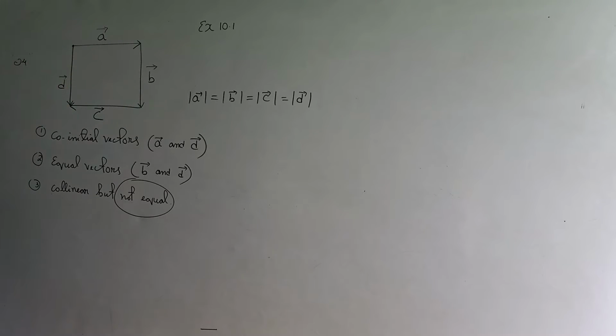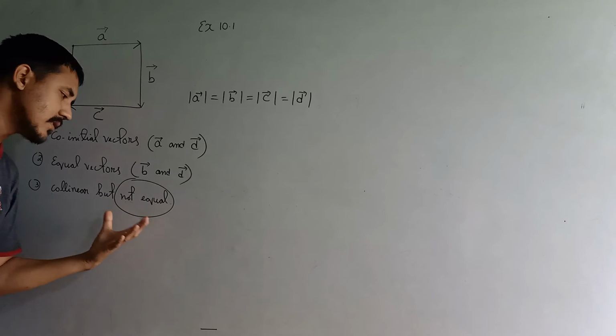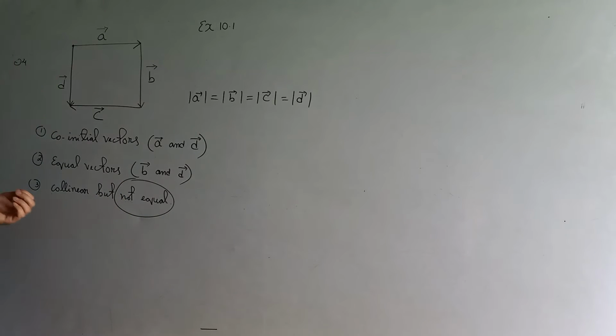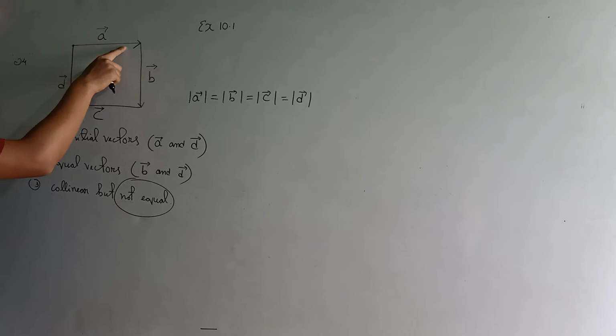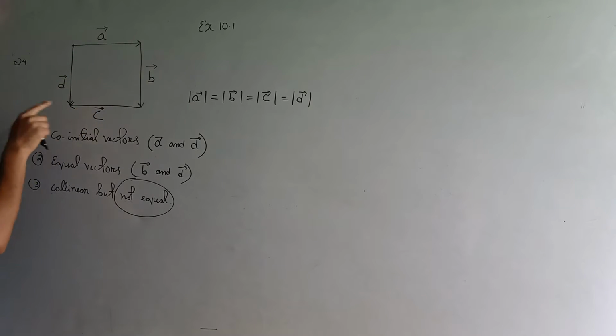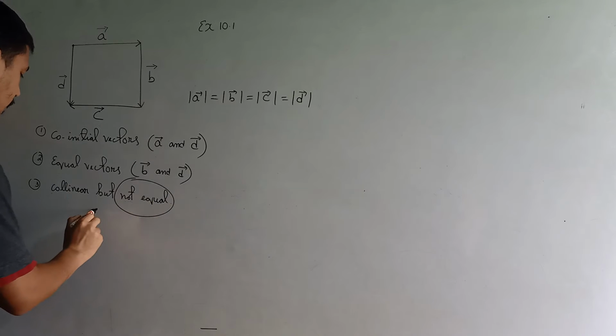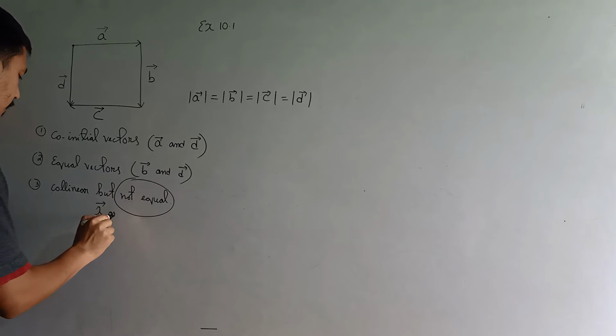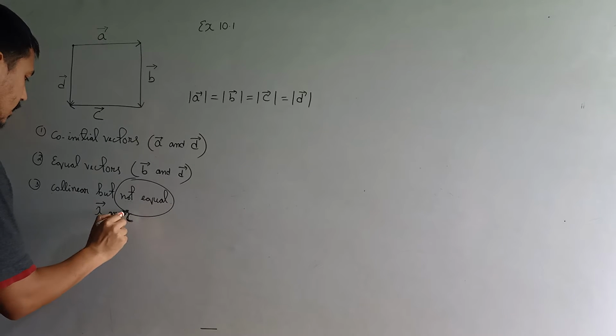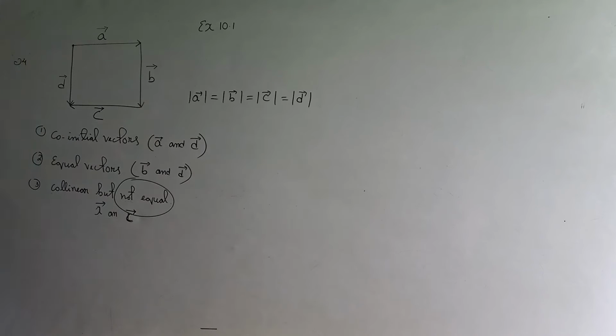But since they are equal, I'm not going to consider them in this situation, because you want your vectors not to be equal. So B and D have to be rejected. So A and C. Even though the directions of vectors A and C are opposite, they are parallel to each other. So that makes them collinear. So vector A and C. Are you following that? Yes.